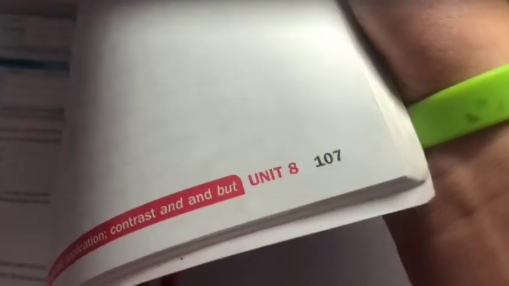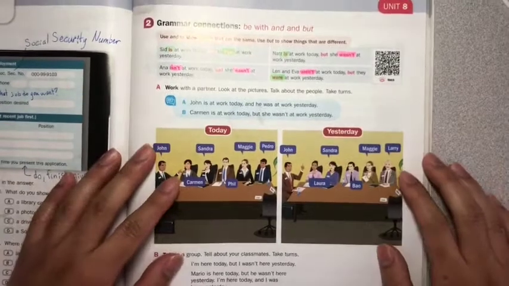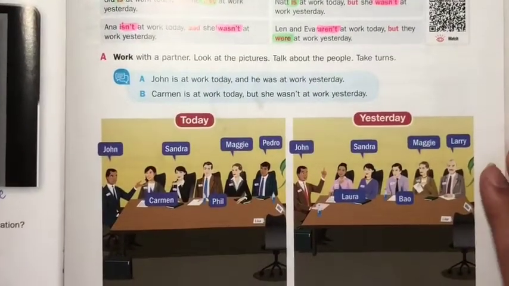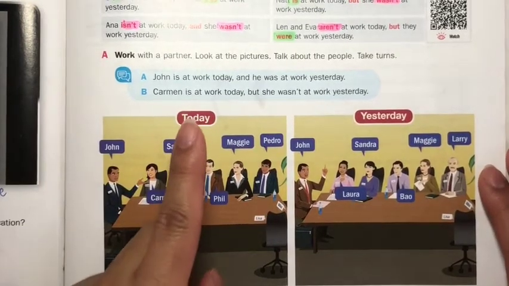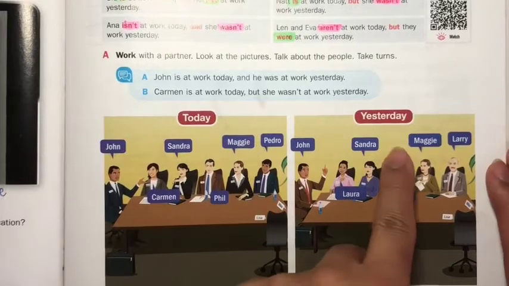So let's go to page 107, page 107. On page 107, I want to look at the two pictures here. We have an office. These people are at work. We have today and we have yesterday.